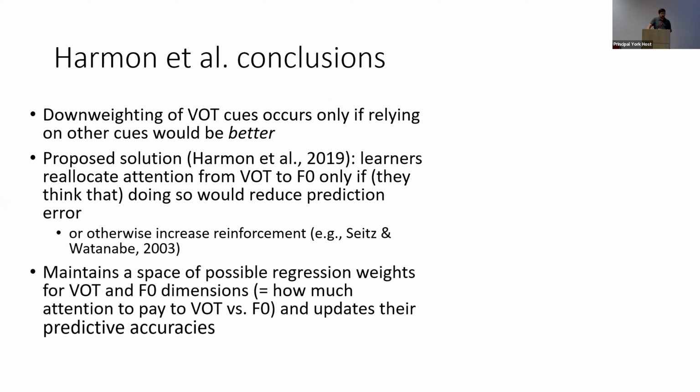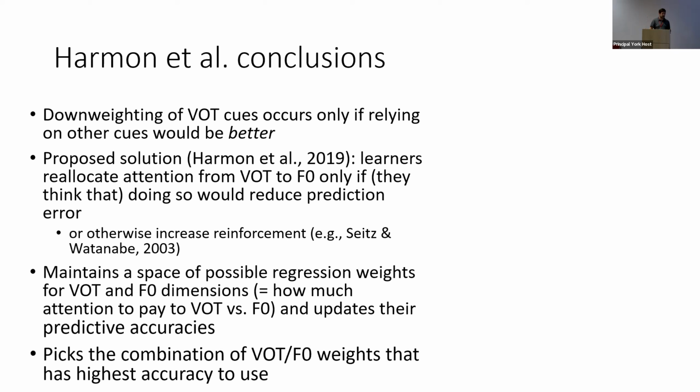The way our model did that is to maintain a space of possible regression weights for VOT and F0 dimensions, representing how much attention is paid to VOT versus F0 in phonetic categorization, and just keeping track of how accurate each of these combinations of regression weights is over the course of training. Then, when deciding on what they're hearing, the person would choose the combination of VOT and F0 weights that has had the highest accuracy in their experience.